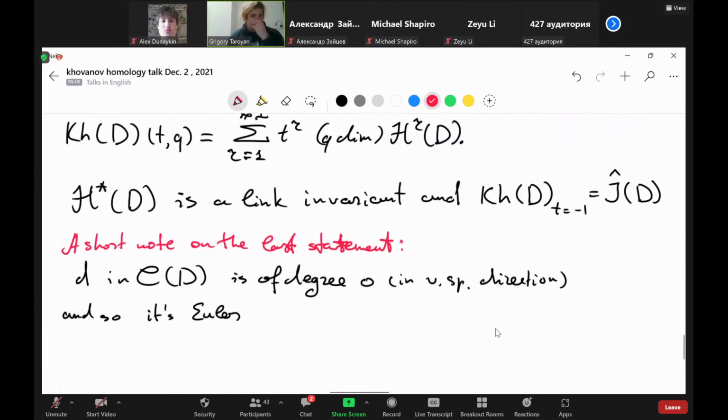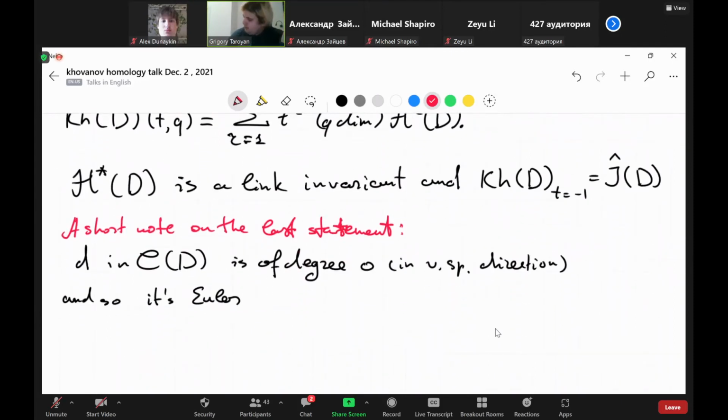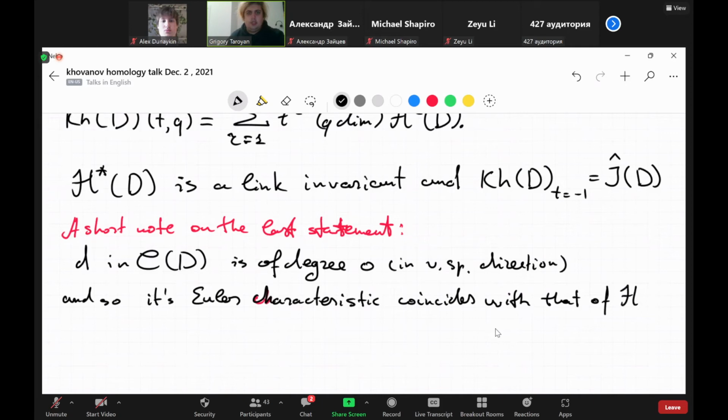Yeah. And so now we have a differential of degree 0, and we have a complex of finite dimensional vector spaces. So its Euler characteristic coincides with that of H star.